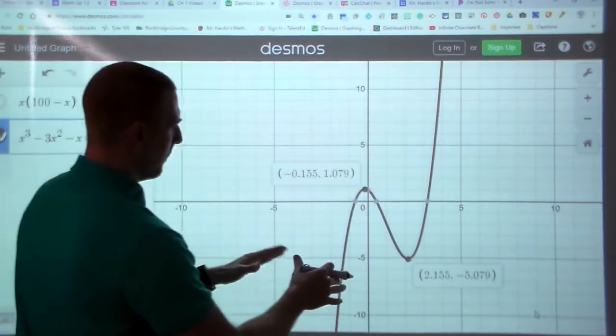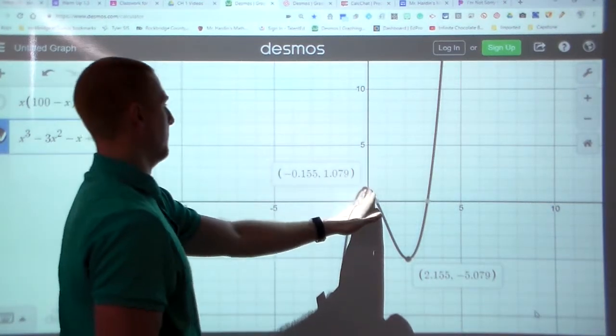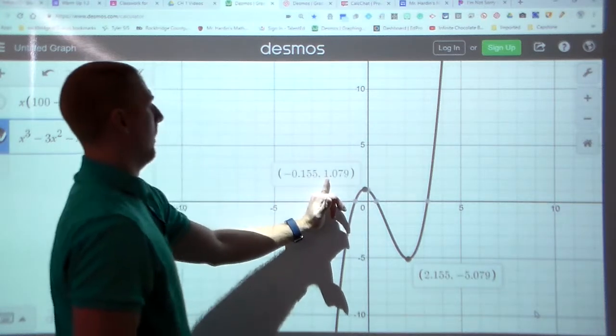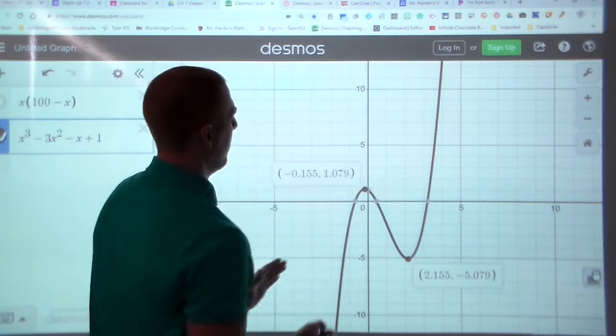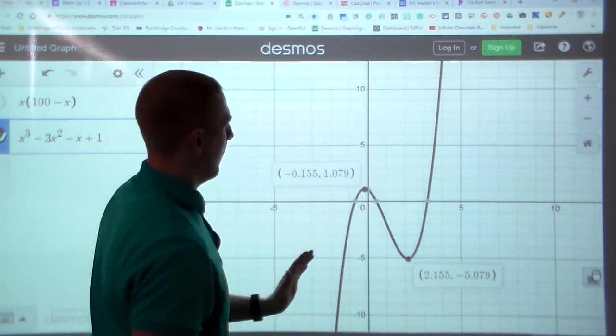So if we look at the middle part of the graph, we've got a local maximum at negative 0.155 and a y value of 1.079. What I care about is the x values that it's happening at.